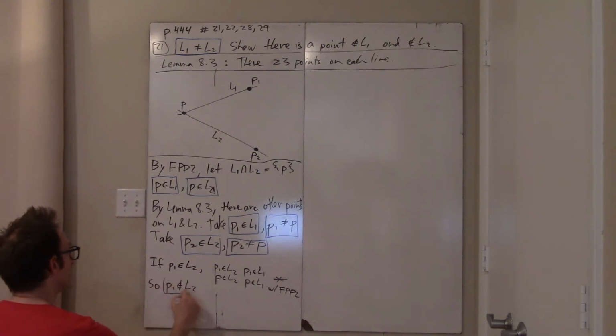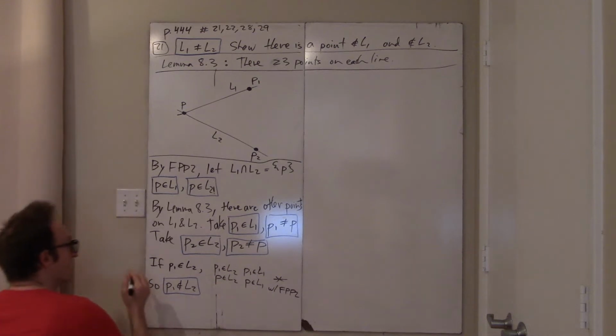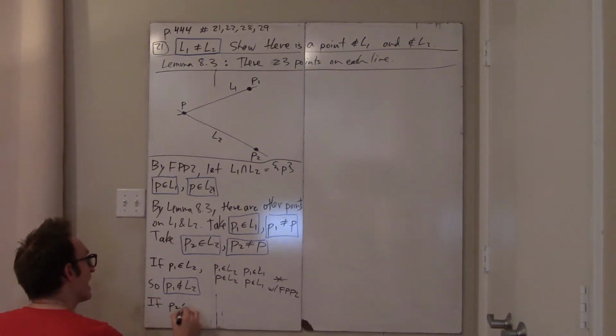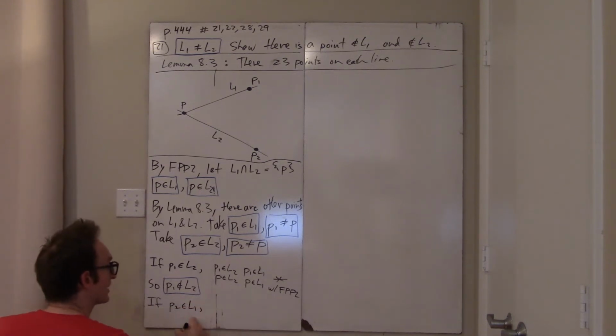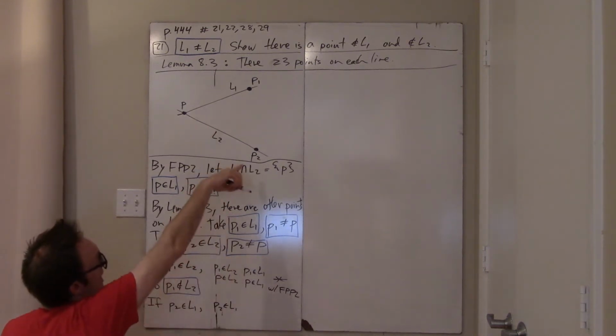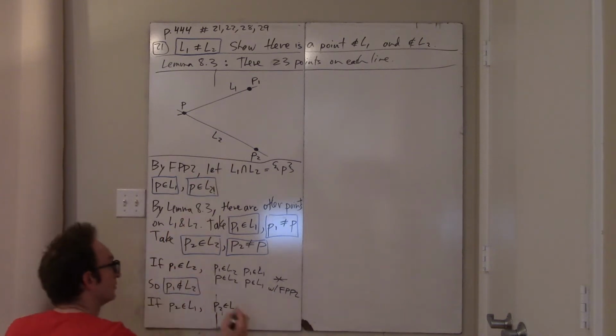Okay, we have one more opportunity to engage in this kind of reasoning. Similarly, if P2 were on L1, then what would we have? There maybe are other ways to write this, but we would have P2 on L1, but then of course also P2 is on L2.